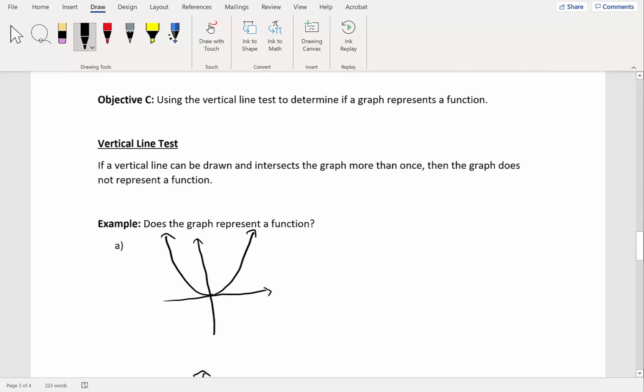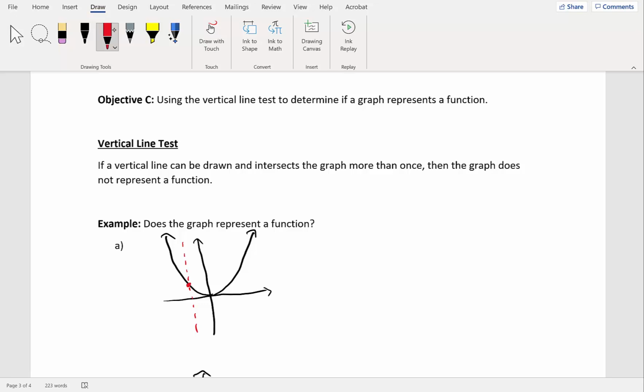So we're given our first graph. If I go ahead and draw a vertical line, notice it only intersects the graph one time.